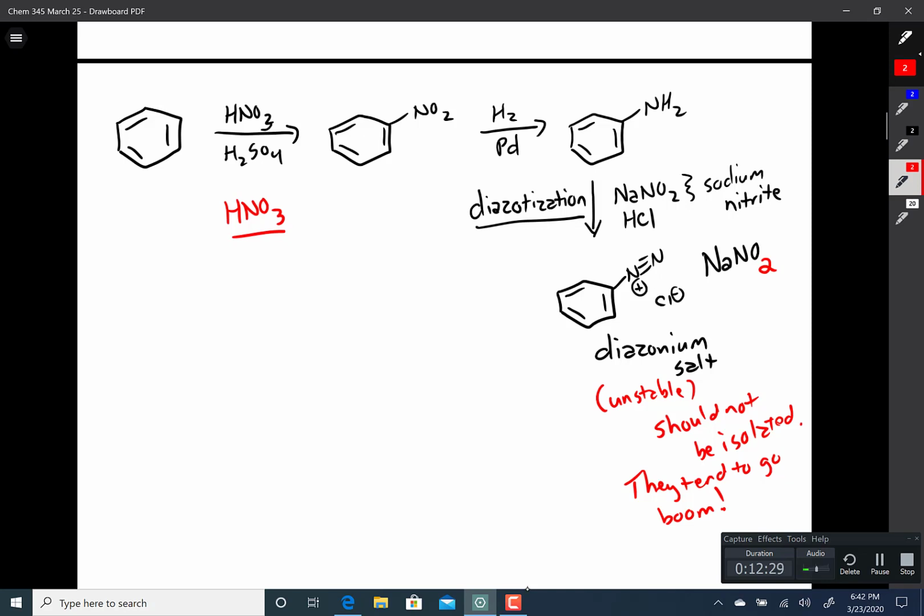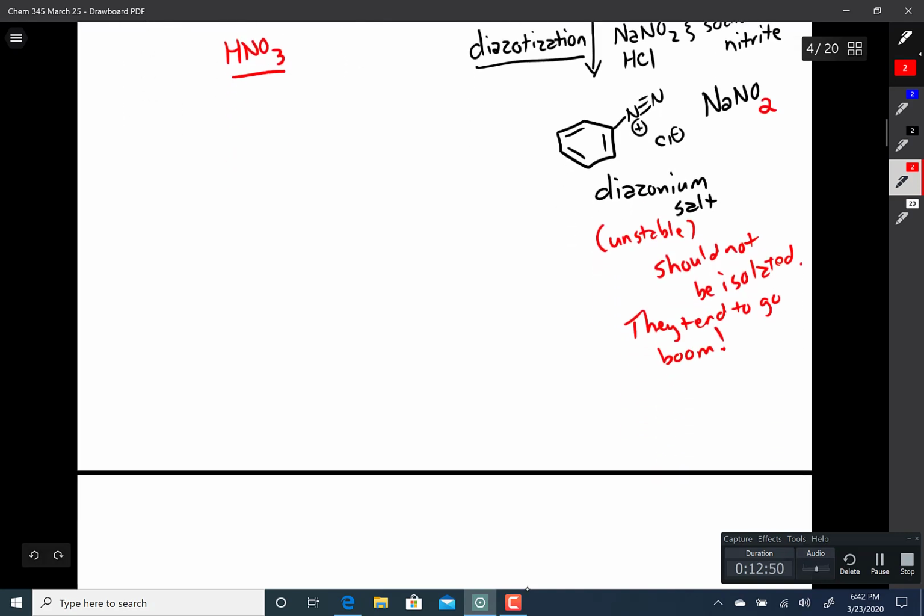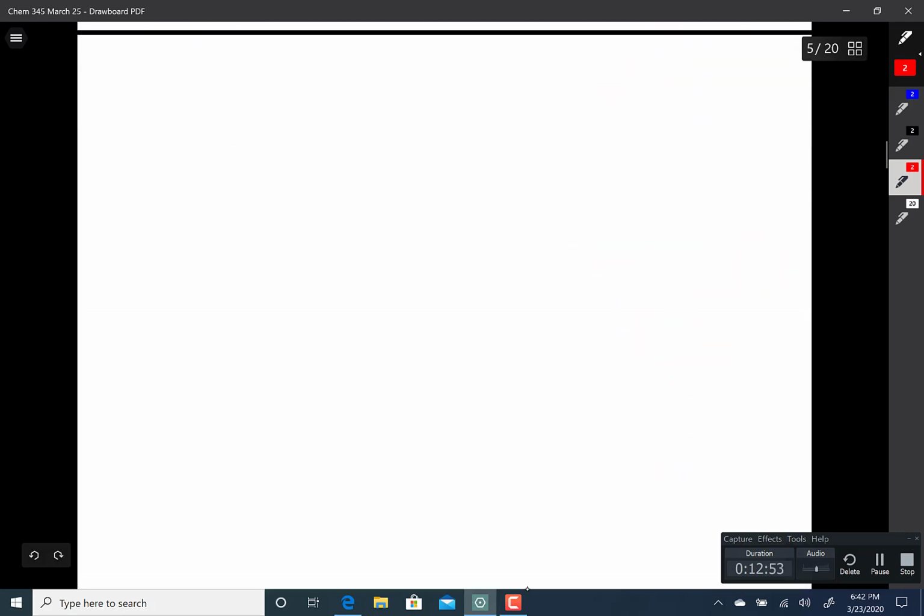So you have to be very careful when you're working with a diazonium salt because they are ridiculously reactive. And with a lot of ridiculously reactive things, once you make it, you should use it right away. And what can it be used for? Well, it can be used for a reaction called the Sandmeyer reaction.